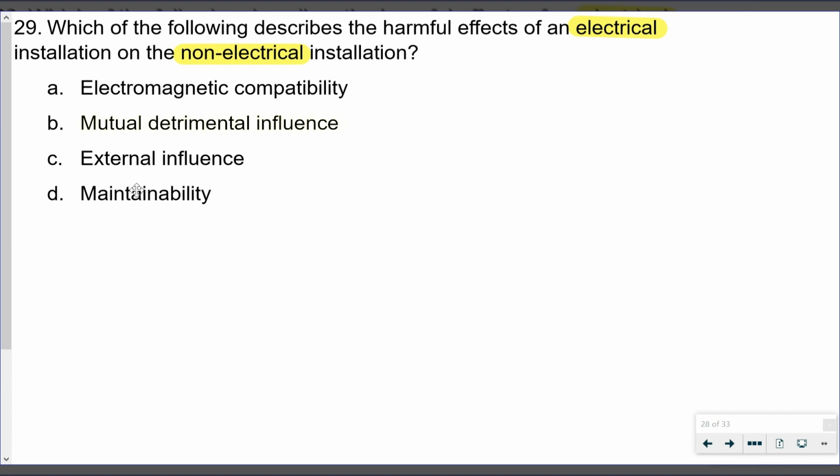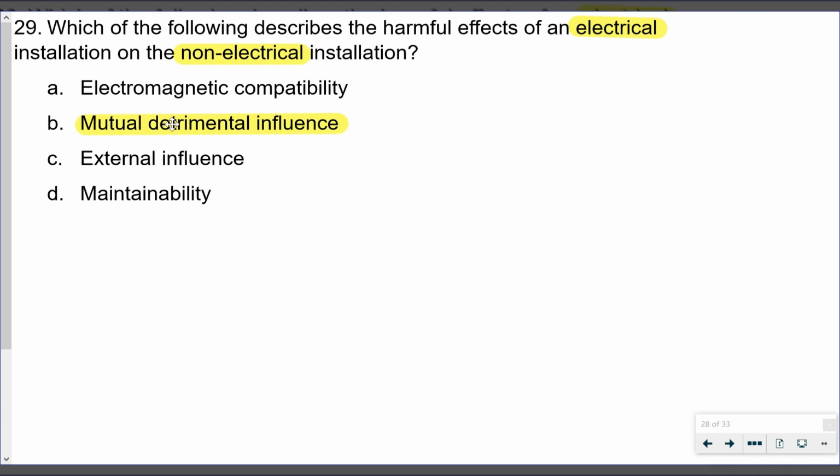Well, maintainability is just, we can take that straight off the table. That's about the maintenance of the actual electrical installation. And external influence, possibly. Electromagnetic compatibility, that's usually between two electrical installations. So we're kind of looking at these two here. I know where I am leaning towards. Yeah, I'm leaning towards mutual detrimental influence.